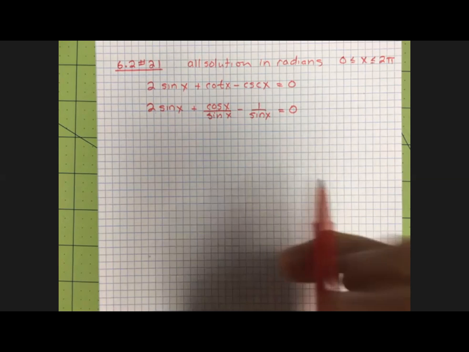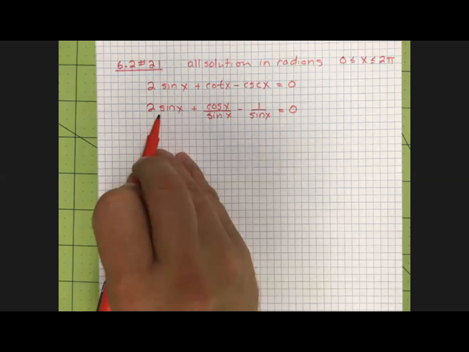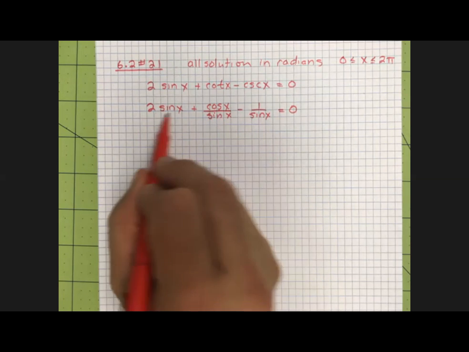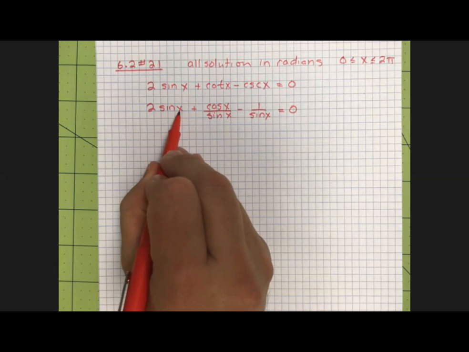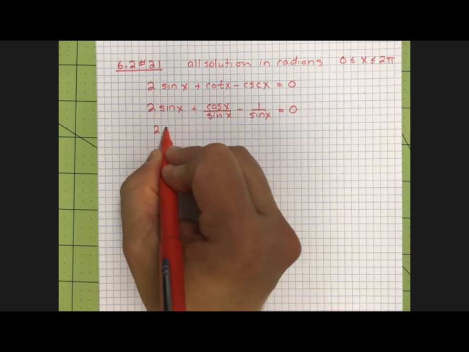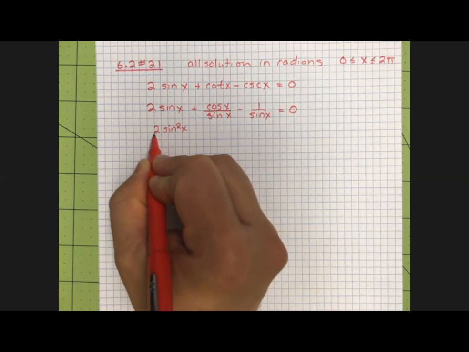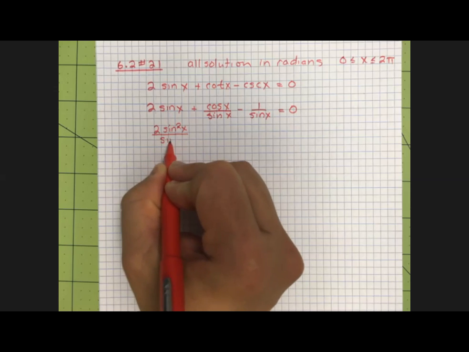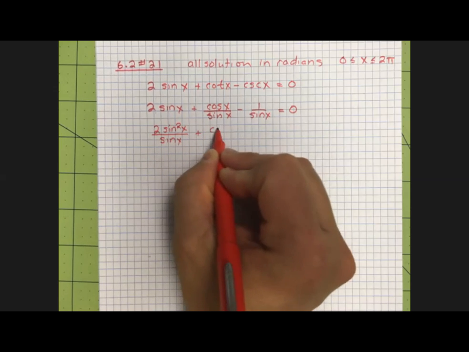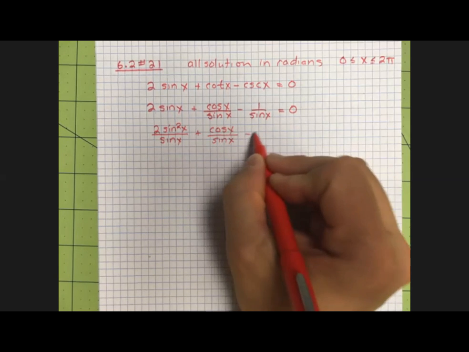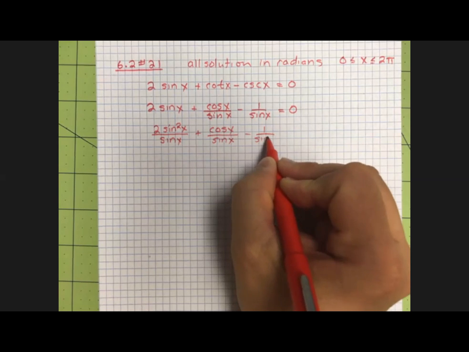Before I do that, I'm going to look at this first expression here. Common denominator, sine x already here. Let's make this common denominator sine x. So if I multiply top and bottom by sine x, I get 2 sine squared x over sine x plus cosine x over sine x minus 1 over sine x.